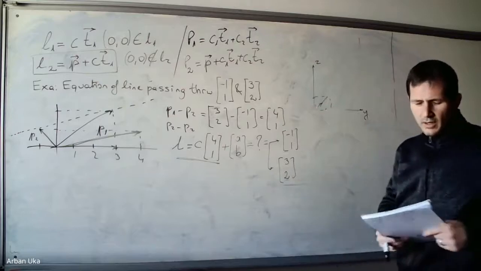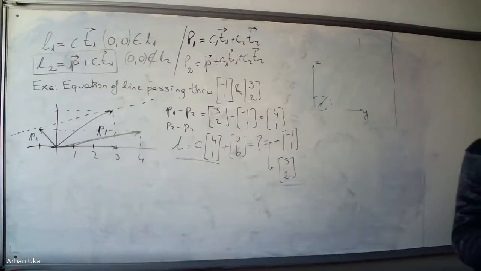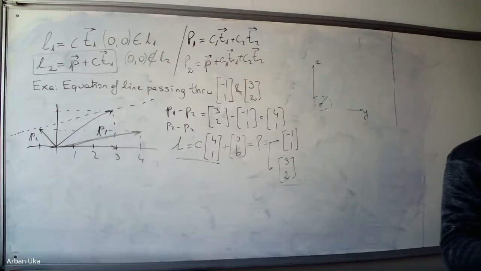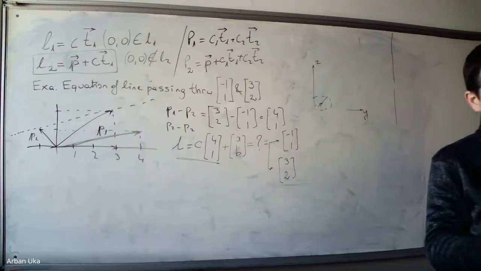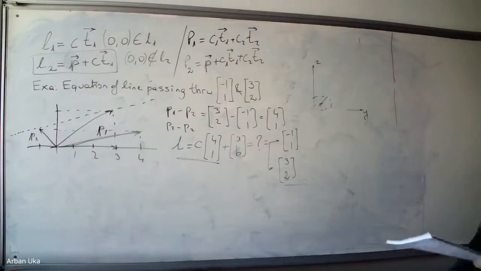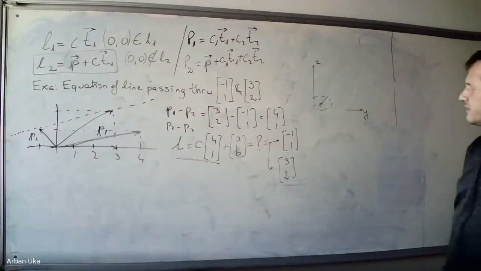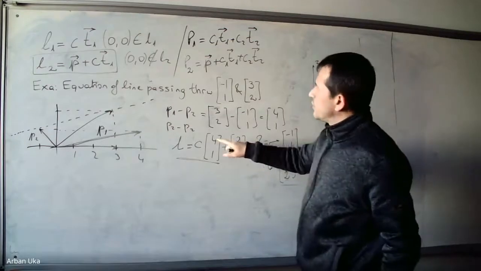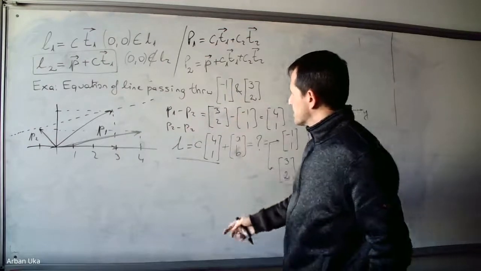So we can construct one equation just by writing it like this. It can be any one of these, and we can also have any one of these points themselves as references.